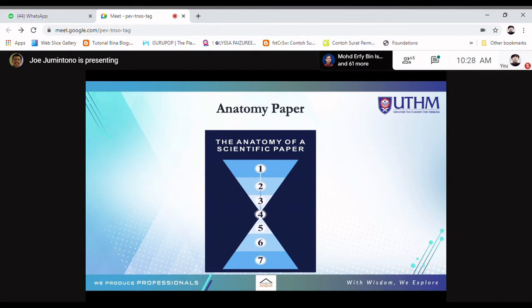After this, it follows to the finding, more broad, then broader again to discussion, and broad to conclusion. Start from broad, narrowed, and broad again. Can you understand this one? This is the global view of the anatomy of a paper.